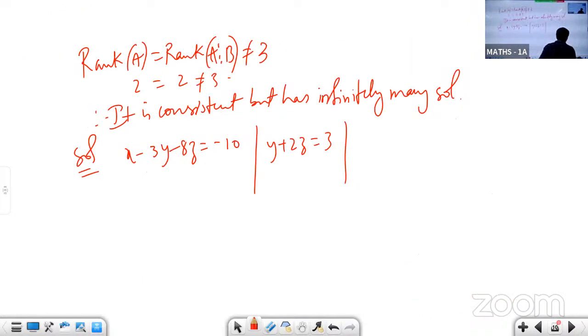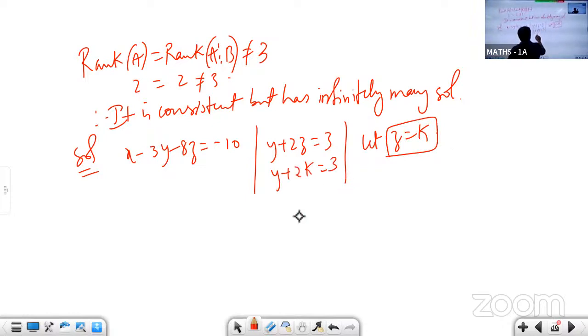It means there are infinite number of x, y, z values which satisfy this. So let me take z equal to k. Then y plus 2k equal to 3, y is equal to 3 minus 2k.